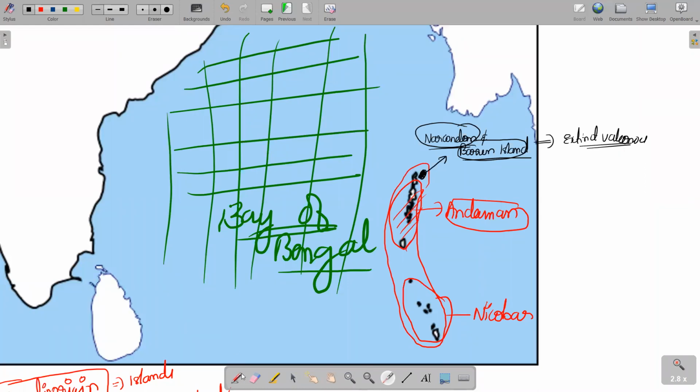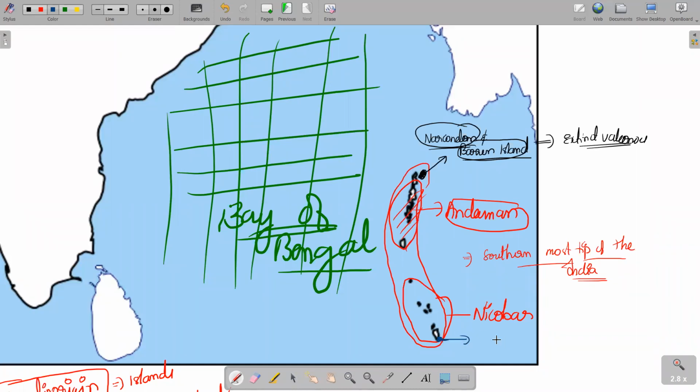And the other most important point, clearly given in your textbook, is the southernmost tip of India. There can be a question on this. If it is asked in map pointing, we simply need to go towards the bottom of Nicobar.